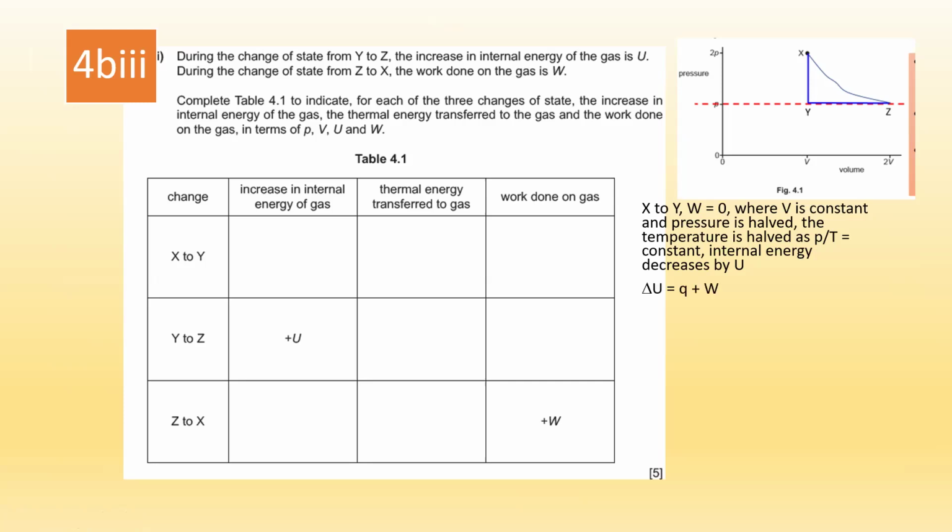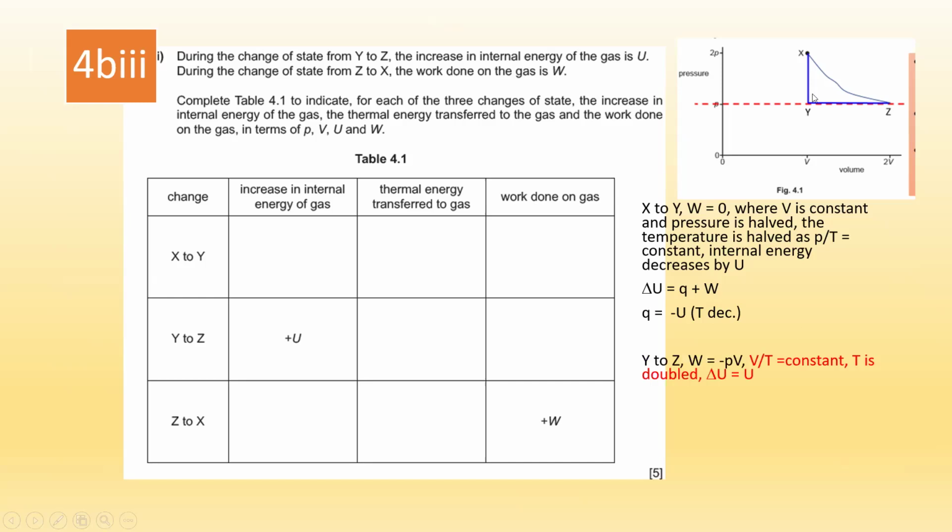Okay, then use first law of thermodynamics. W equals 0. Your internal energy decreased by U. So you put a negative sign there because the temperature decreased. So your Q is minus U. So there's heat flowing out.